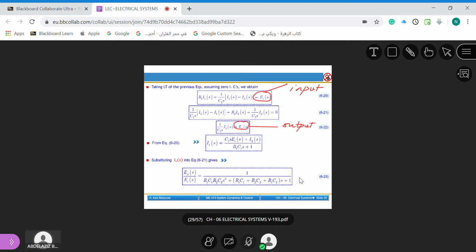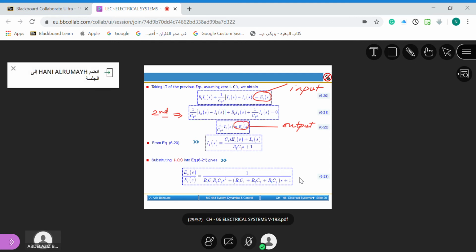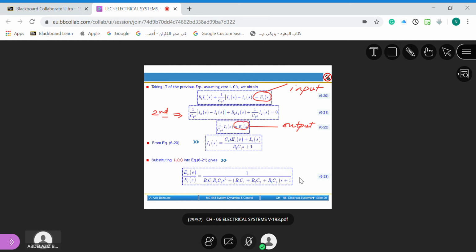The second loop gives 1 over C1 S times I2 minus I1, plus R2 I2, plus 1 over C2 S I2 of S equal to 0. This is the second loop, this is the first loop, and this is the third loop, the outer one.